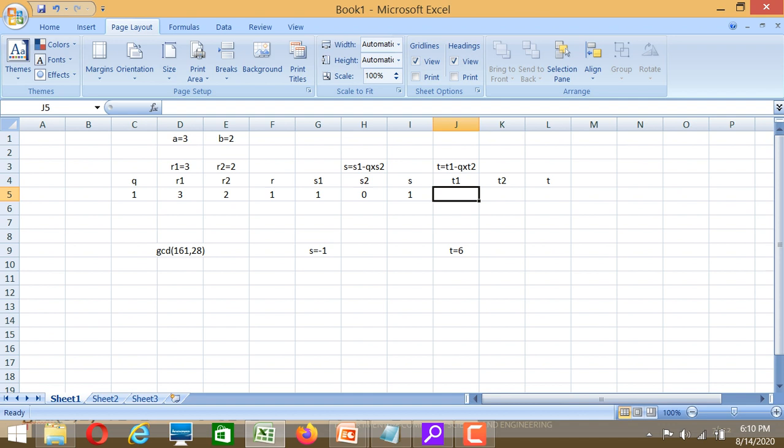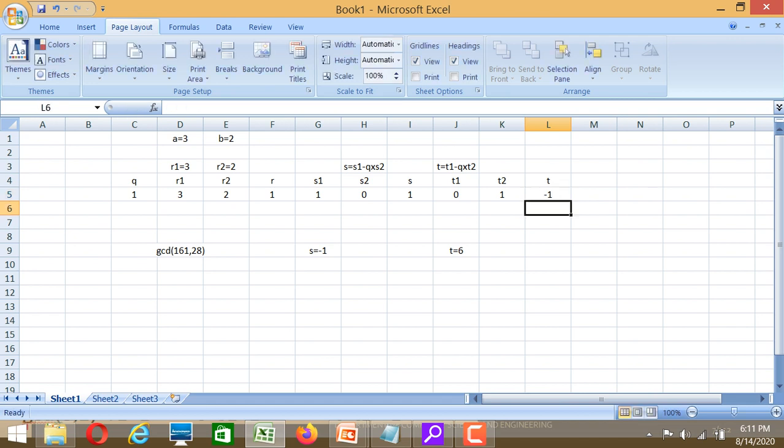Now initial T1 is 0, initial T2 is 1. Calculate T using the formula T1 minus Q into T2, that is 0 minus 1 into 1, which is equal to minus 1.